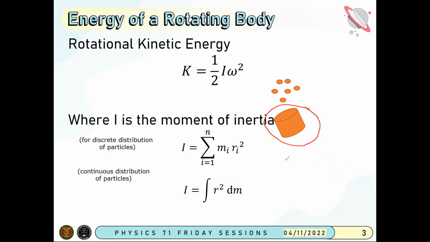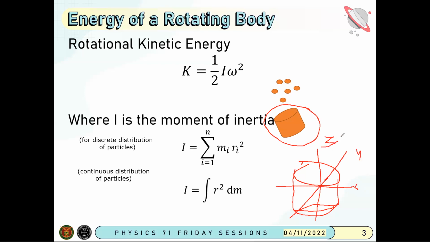For example, let's say a solid cylinder, and we want to get the moment of inertia along this axis. Let's say that is Z, and you still have X and Y.